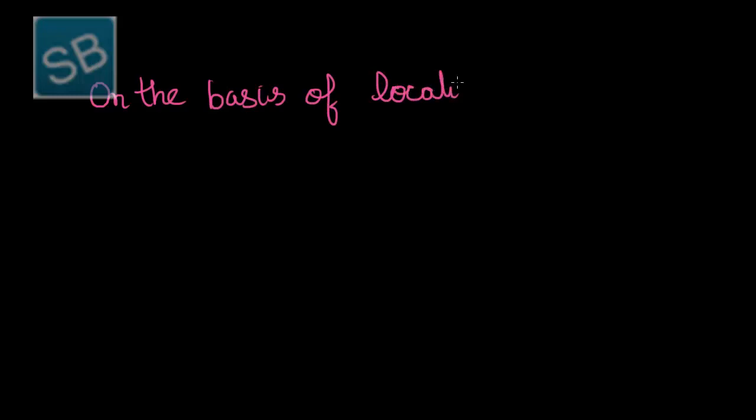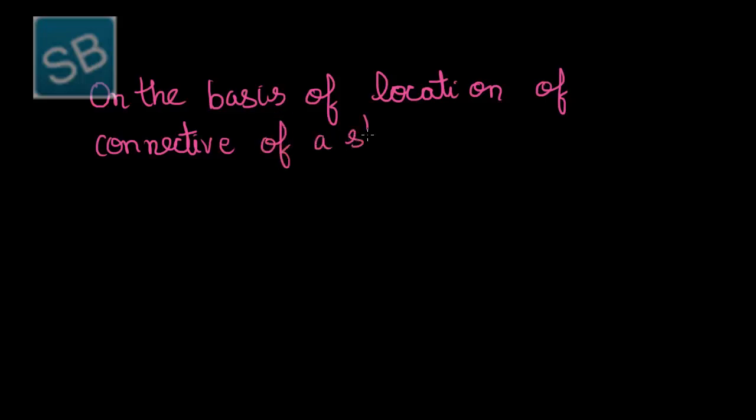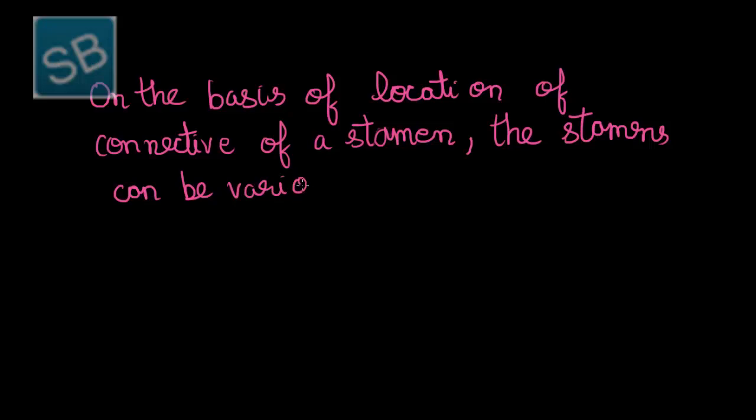As said earlier, filament and anther are joined through a connective. On the basis of the location of connective of a stamen, the stamens can be of various types. First, free, and second, joined.